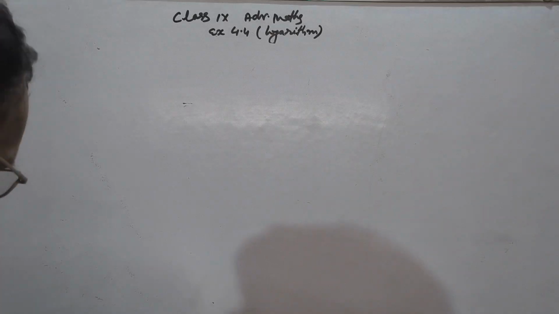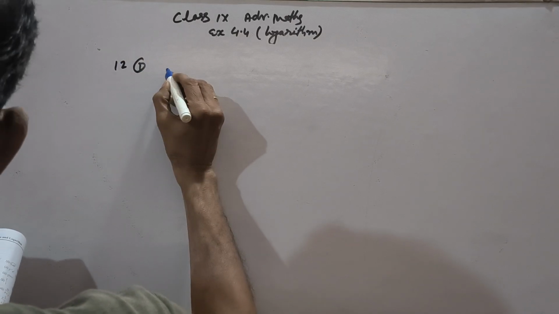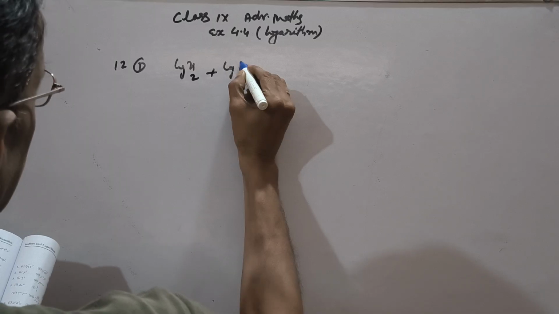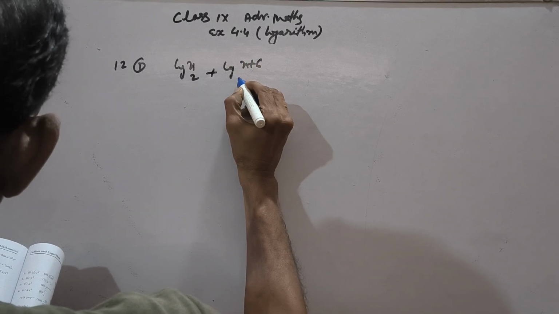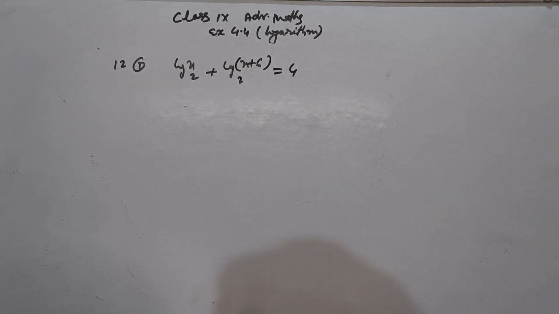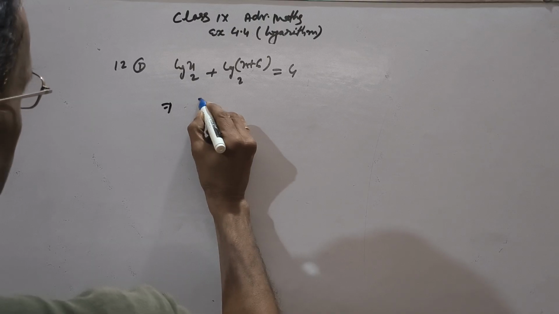Number 12 is solved. So number 12, number 1. Log x to the base 2 plus log x plus 6 to the base 2 is equal to 4. Solve means we need to find the value of x. This is a simple one mark sum. For plus, what do you write? Into.